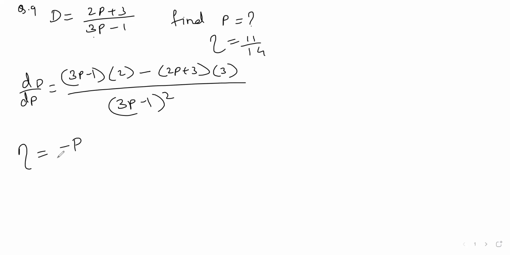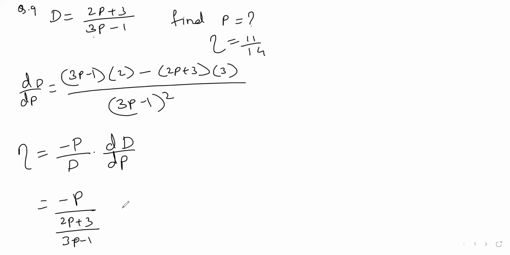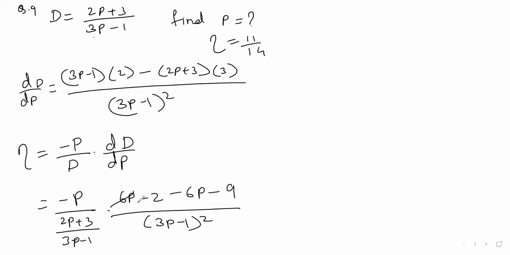Elasticity is minus P by D, d/dP of D. Minus P, D is 2P plus 3 upon 3P minus 1, into (6P minus 2 minus 6P minus 9) whole thing upon (3P minus 1) square. 6P cancels.